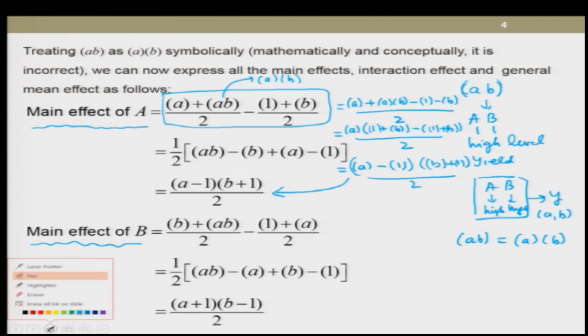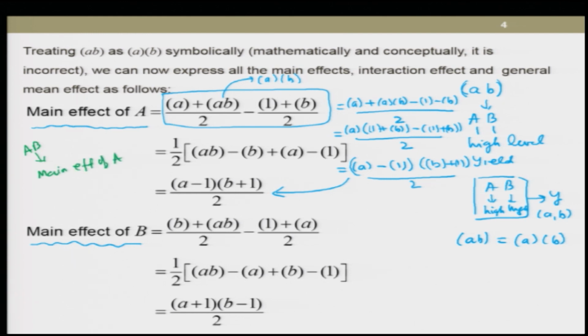Now from this expression, what you have to observe is that I had two factors, a and b, and out of these you are trying to find the main effect of a. Once you are finding the main effect of a, if you look at this expression, you see there are two types of symbol, plus 1 and minus 1.